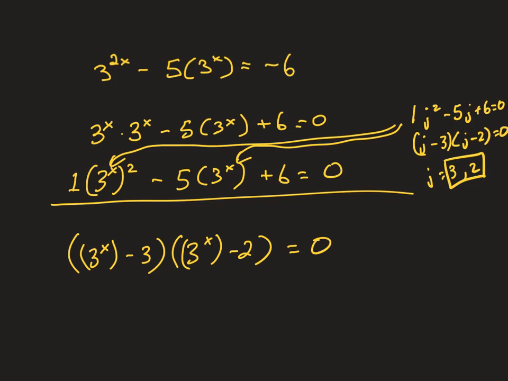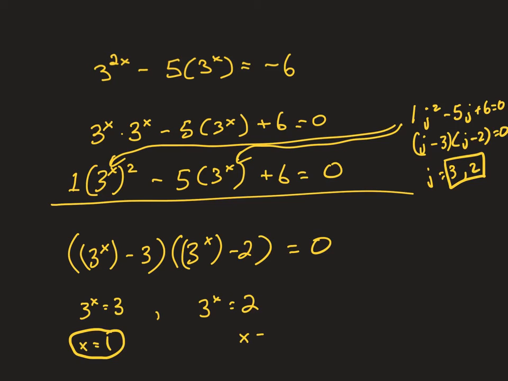There's two different answers. Right, so here we're saying 3 to the x equals 3 or 3 to the x equals 2. For this one, x just equals 1, since 3 to the 1 equals 3. This one's a little bit weirder, so we can take the log base 3 of each side.